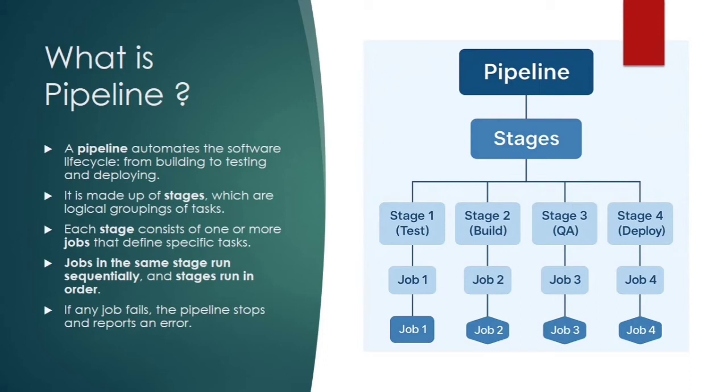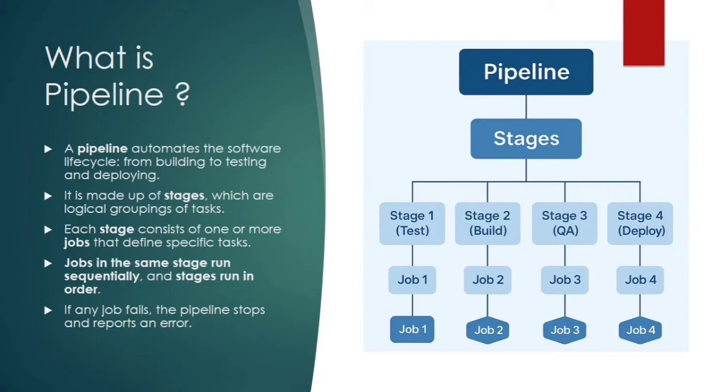So in simple terms, a pipeline is made up of stages and jobs. Jobs you can define like running a script or executing a set of commands or performing a specific task. Whereas stages define when those particular jobs run, and it completes a particular set of a stage.